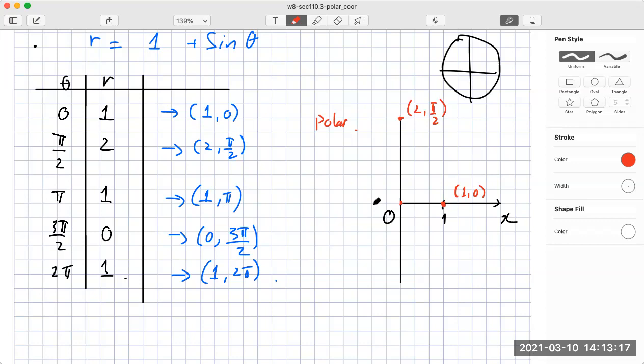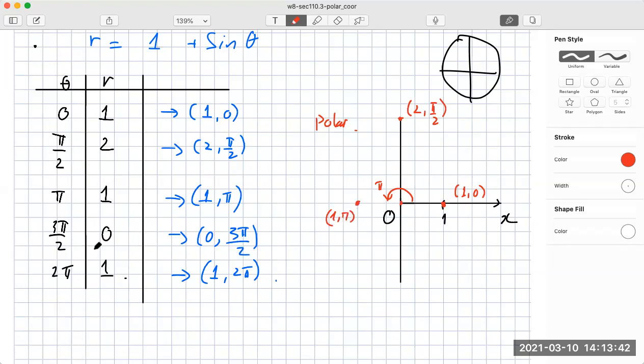How about the point (1, pi)? Yes, on the left, it would be right here. The angle theta here is pi, right? And it would be this point, (1, pi), okay?